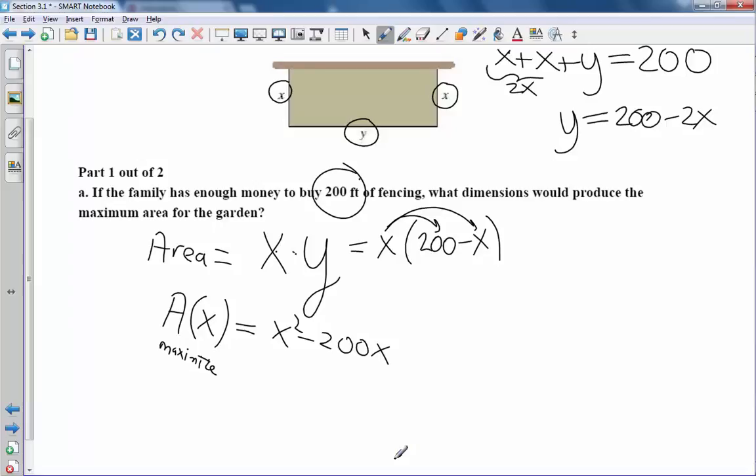No, I made a mistake. Minus x squared plus 200x, right? X times minus x is minus x squared. X times 200 is 200x. Should there be a 2 in front of x? Yeah, I missed somewhere, right? Like 200 minus 2x? Right. This was 2. Thank you. So it is minus 2x squared plus 200x.